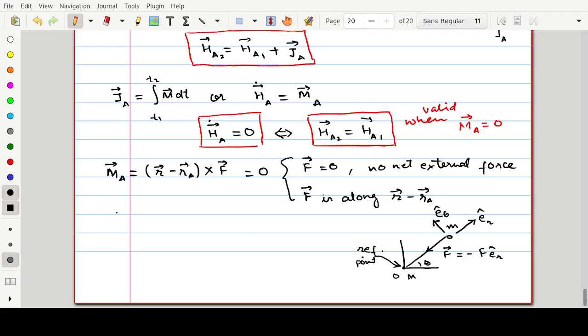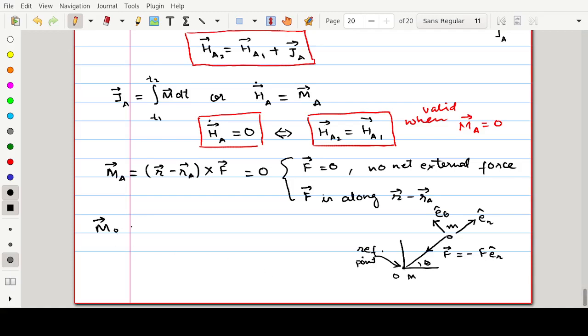So what we get is the moment about O, which is a fixed point.